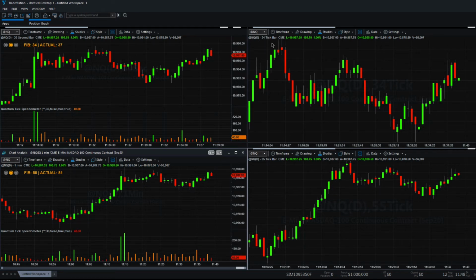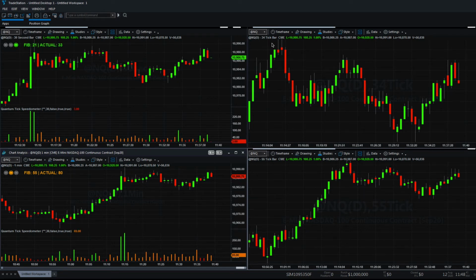And this is the second point about the instrument itself. Each and every instrument, whether it's a stock in the cash market, whether it's a future such as this, will have its own unique characteristic, its own personality, if you like. The tick chart settings that you would use for the ES, for example, will be very different to those for the NQ, and they in turn will be very different to those for the YM, and the same for the Russell.